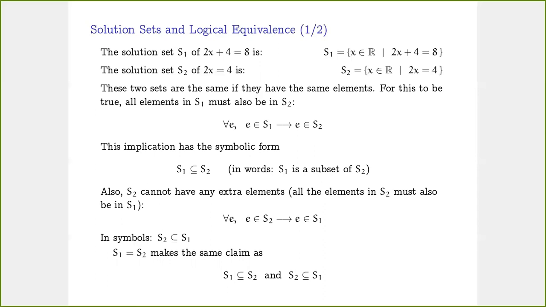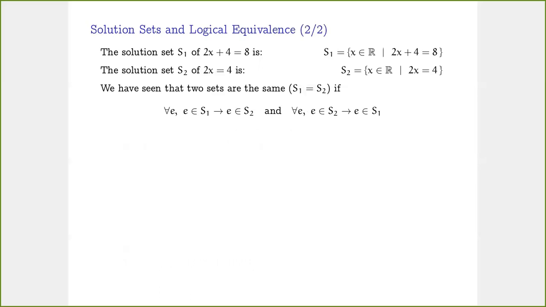That is, all the elements in set 2 must also be in set 1. And that's symbolically the claim S2 is a subset of S1. This S1 equals S2, the fact that both sets have the same numbers, makes the same claim as S1 is a subset of S2 and S2 is a subset of S1.